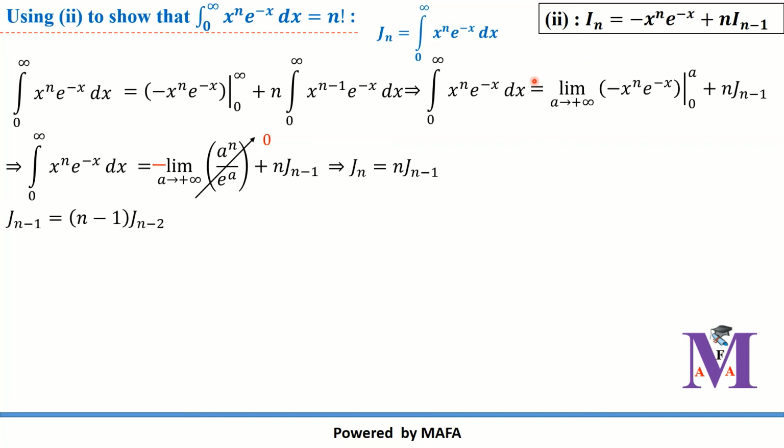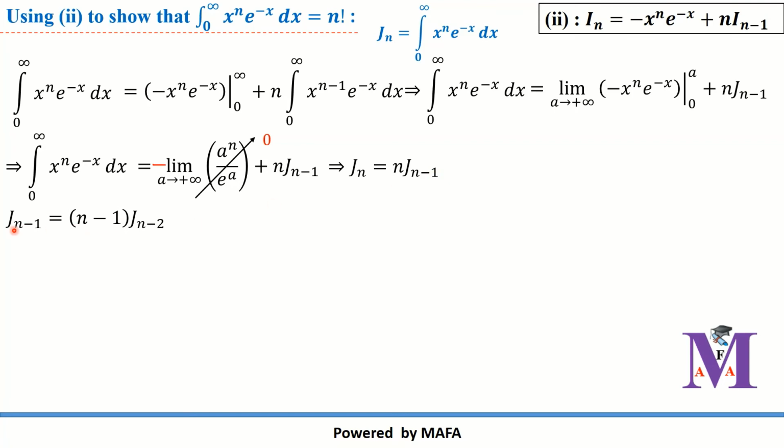Alright, so since my g of n is equal to n times g of n minus 1, it means my g of n minus 1 is equal to n minus 1 times g of n minus 2. You just come here and replace n with n minus 1. If I replace n with n minus 1 here, I'm going to get n minus 1, then this one gives me n minus 2.